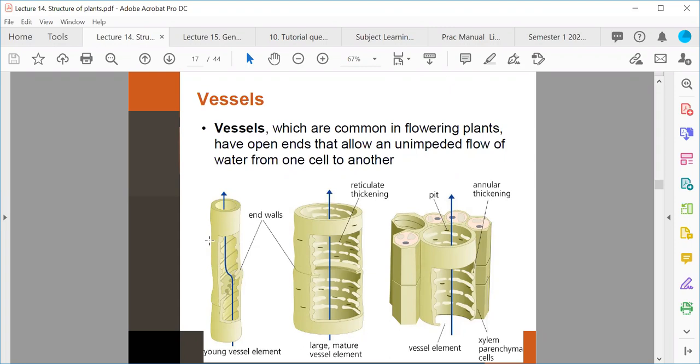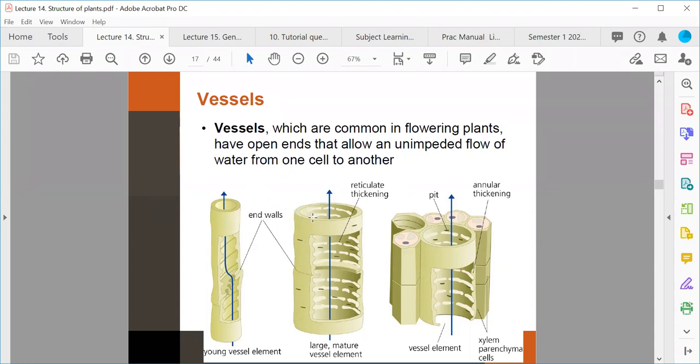At maturity, vessel elements are dead cells once again at functional maturity, but they still function to transport water and dissolved minerals through the plant. They have these open end walls and they stack on top of each other, as you can see, to form this pipeline, if you like, through the plant. That permits this unimpeded flow of water from one vessel element to the next.